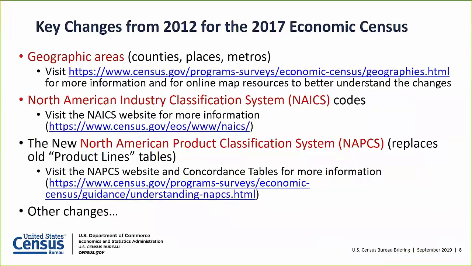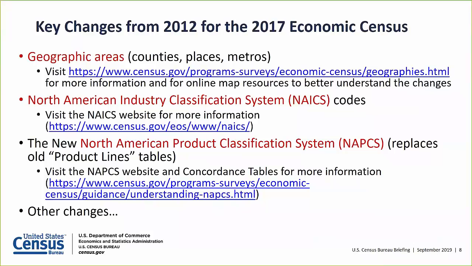There are a number of changes that have occurred. Metropolitan areas, counties, and certainly places. In fact, over 50% of the cities, towns, villages, and boroughs that we publish in the economic census have had some type of boundary change or some type of change since the last economic census.